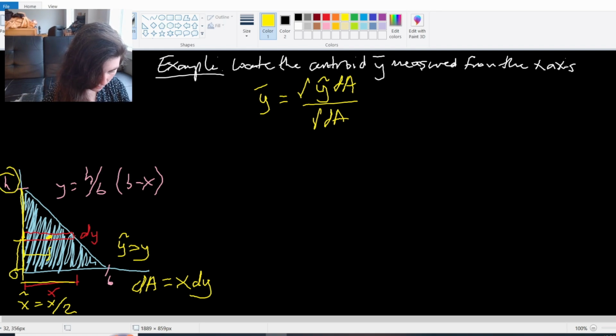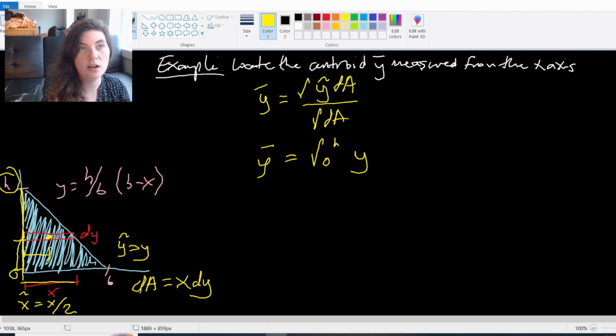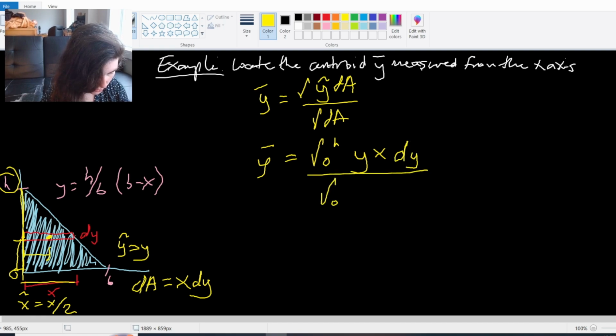So I have the pieces that I need. If I start plugging things in, y bar is the integral from 0 to h. My y tilde equals y, so I have y in there. My dA is x times dy. And then my bottom integral, 0 to h, and my dA again is x dy.